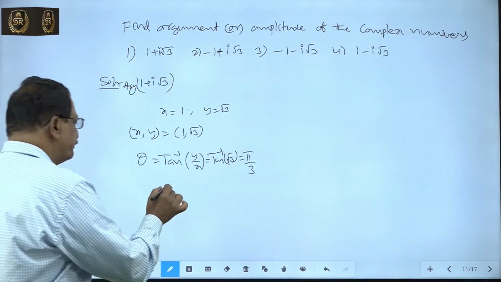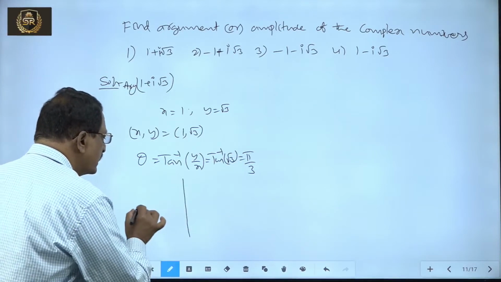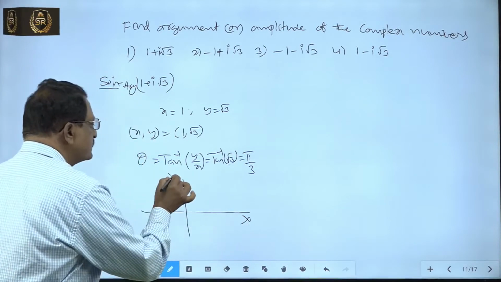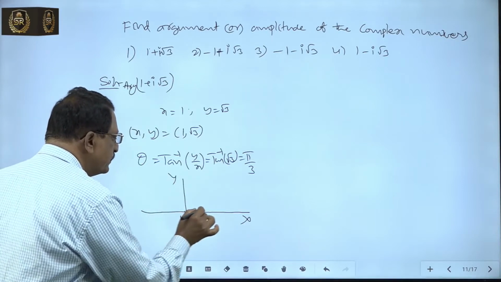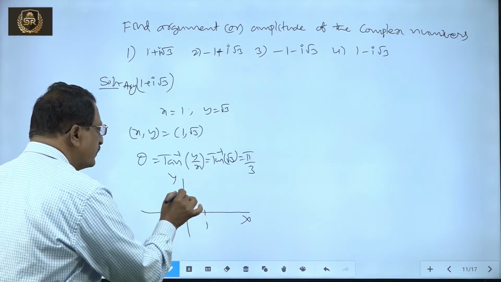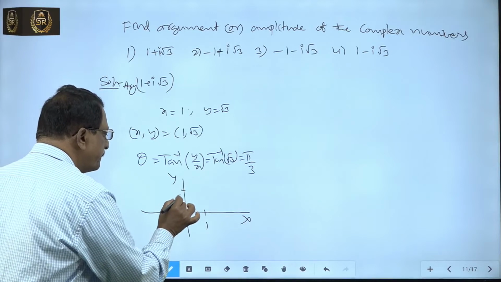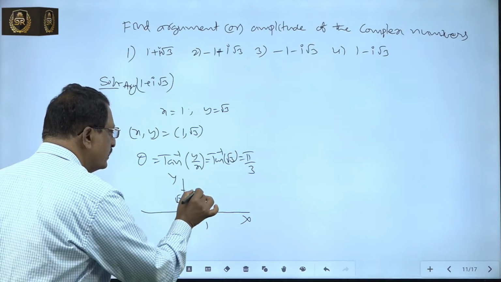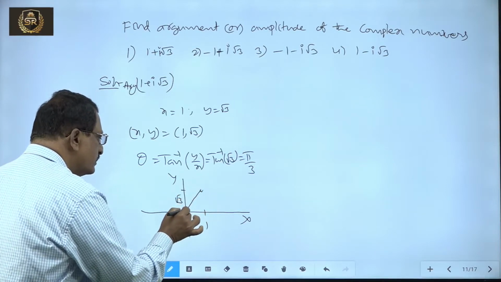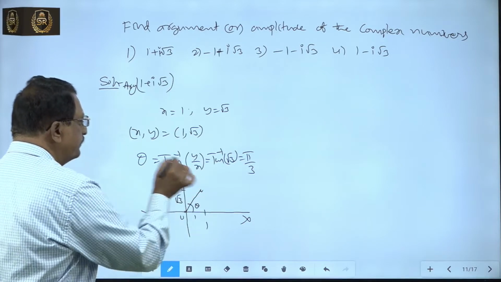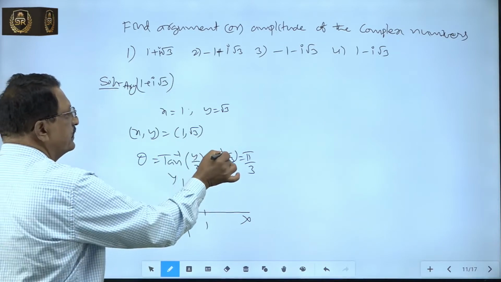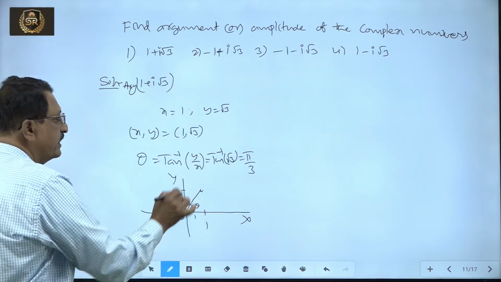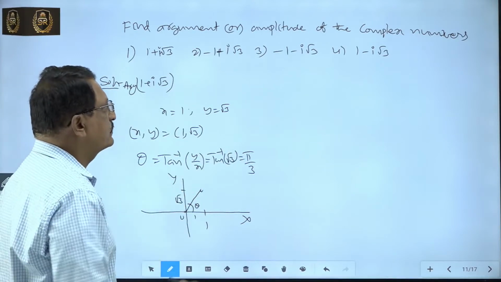Suppose we take the x axis and y axis, on the x axis at a distance 1 unit, on the y axis at a distance root 3, point. Now this angle theta equals tan inverse root 3, or pi by 3, it lies in the first quadrant.